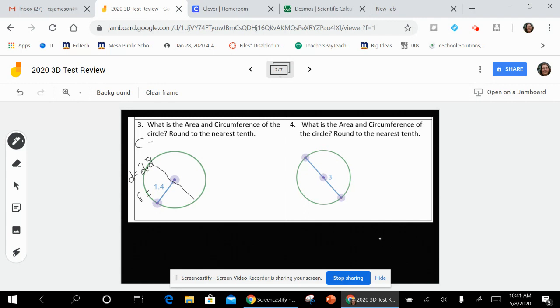Circumference is equal to pi times the diameter. We're going to use 3.14 for pi, just like we did on the other ones, and I'm going to do 2 and 8/10. I'm going to multiply those together. I get 8.79.